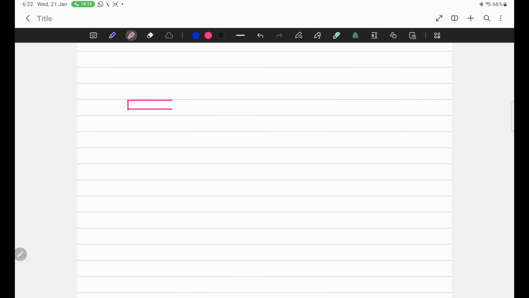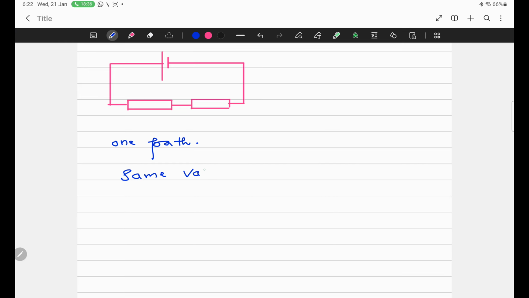In series circuit, everyone knows, so the value of current remains same everywhere. In series, there is one path to the flow of current. There is same value of current everywhere. The total resistance is equal to R1 plus R2.